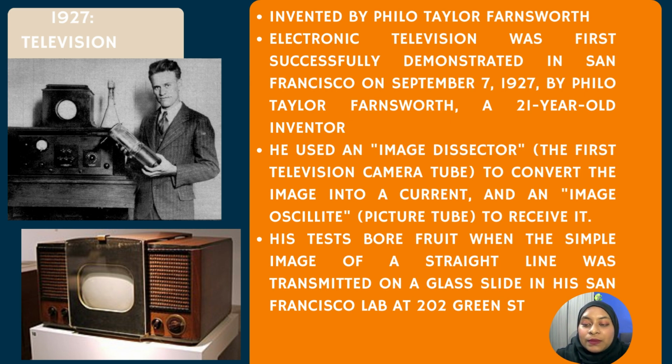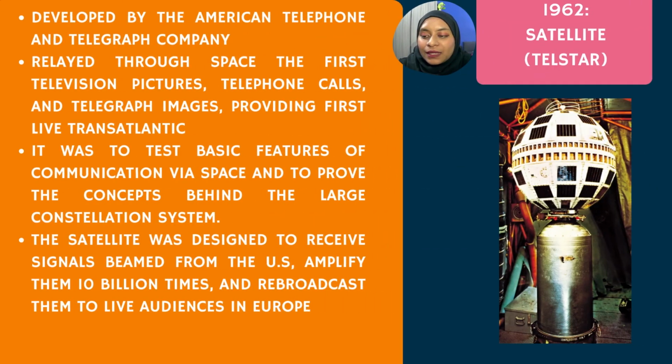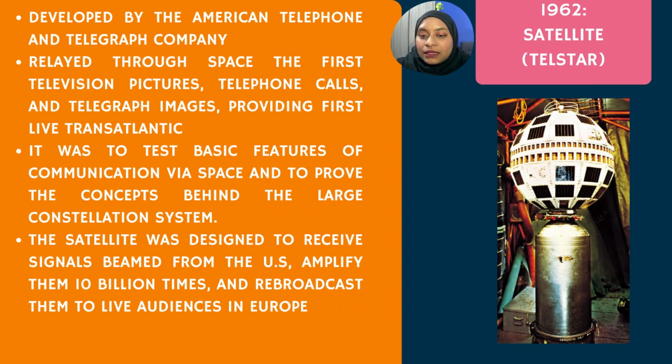He used an image dissector, the first television camera tube, to convert the image into a current, and an image oscillite picture tube to receive it. His test bore fruit when the simple image of a straight line was transmitted on a glass slide in his San Francisco lab at 202 Green Street.